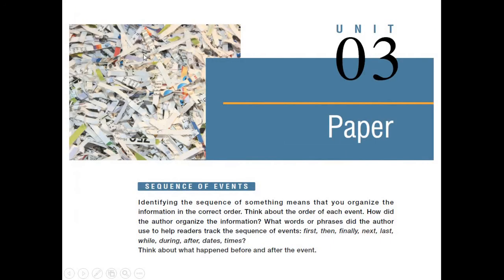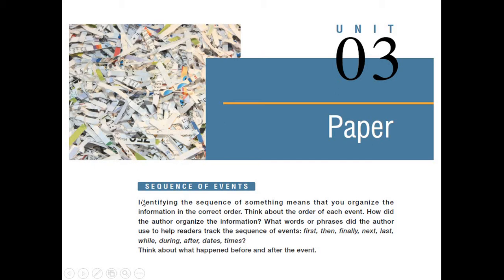So again, students, you're already in Unit 3, and Unit 3 is all about papers. Here is what we call the sequence of events. This is our focus, focus reading mechanics. Sequence of events is how you organize information in the correct order.